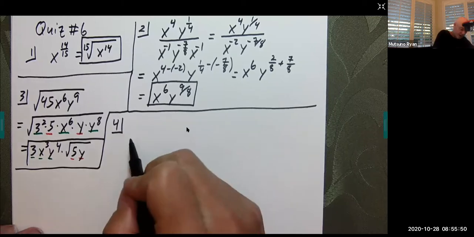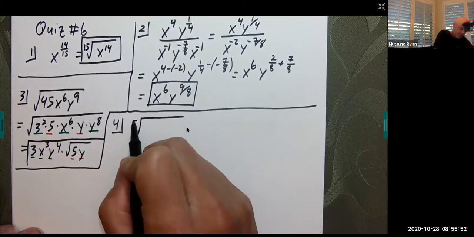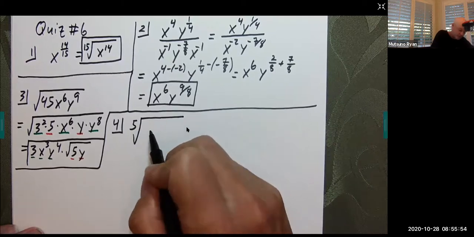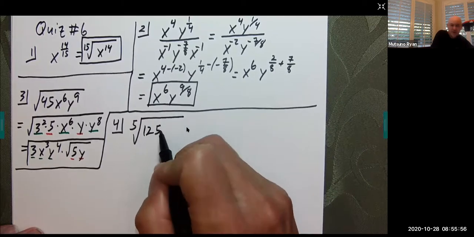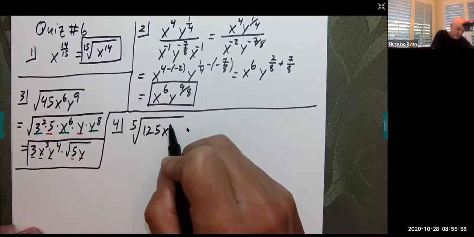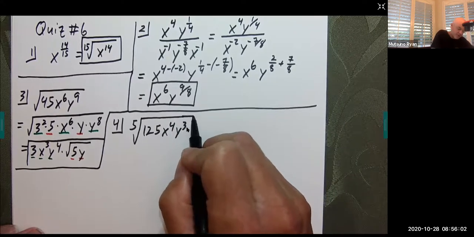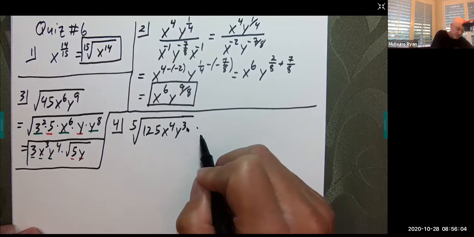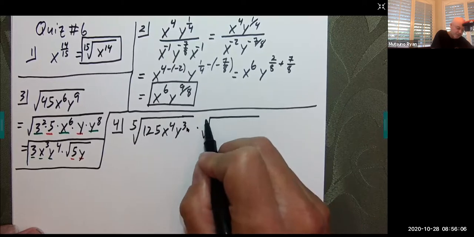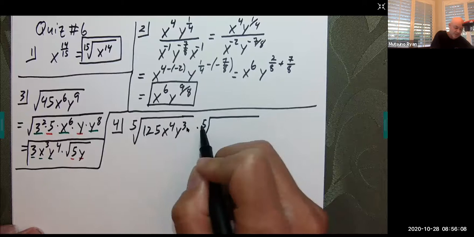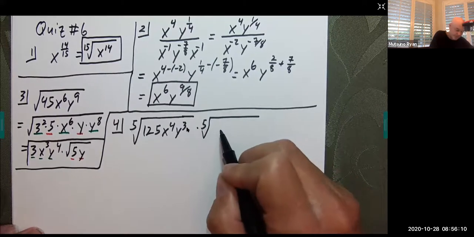Number 4, I have the 5th root, 125 x to the 4th, y to the 3rd times the fifth root of 25x y squared. As long as the indices are the same, I'm going to be able to combine them up here.